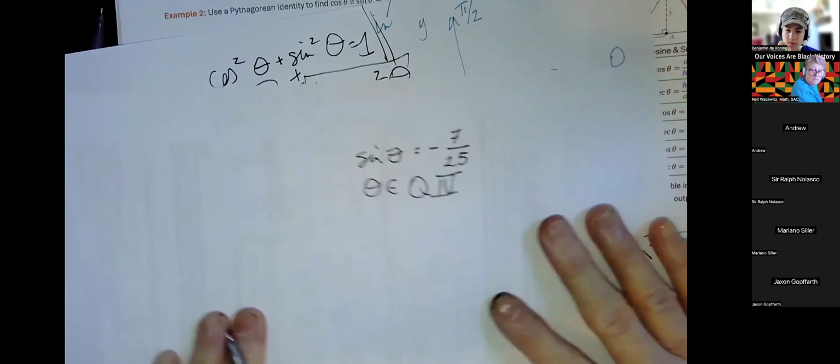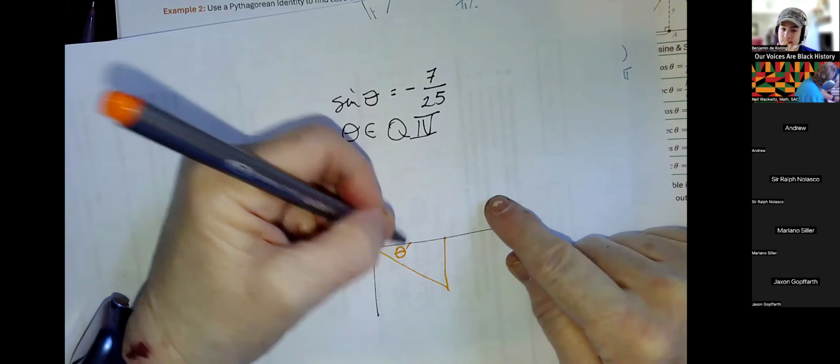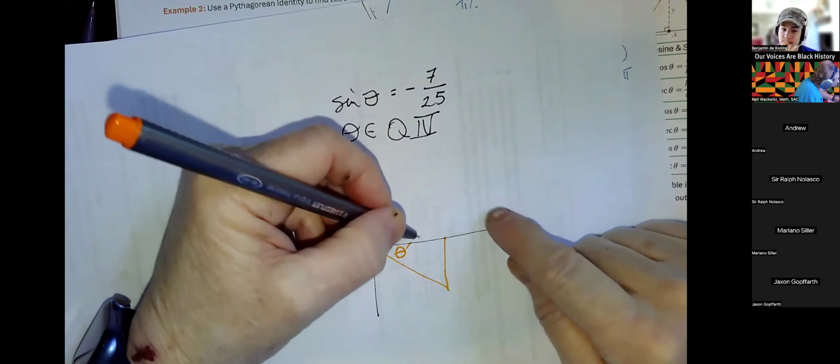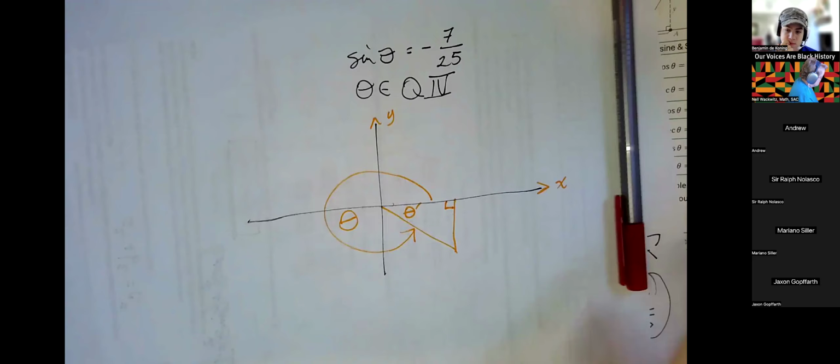And we're going to use theta, even though our actual, let's call this theta prime. Our actual theta starts at the positive x-axis and goes to the hypotenuse of our triangle that we just drew. And let's see how this can help us. So we've got a triangle, and we know the sine.